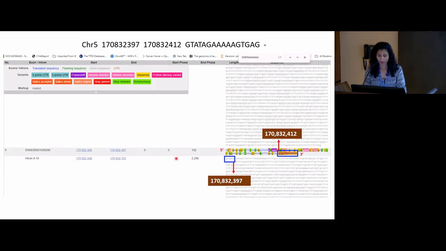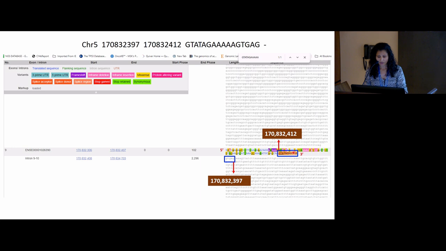When I mapped the sequence, here we can see the start site of the genomic coordinate, where the change is occurring, and the end site of the genomic coordinate, where the change ends. Simultaneously, we can see that the change is happening at the 3' region of exon 9 as well as in the 5' region of intron 9, that is, the intron between exon 9 and 10.